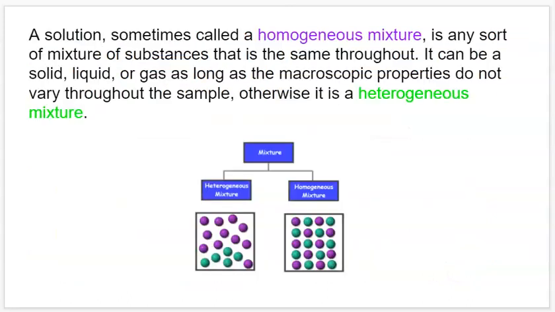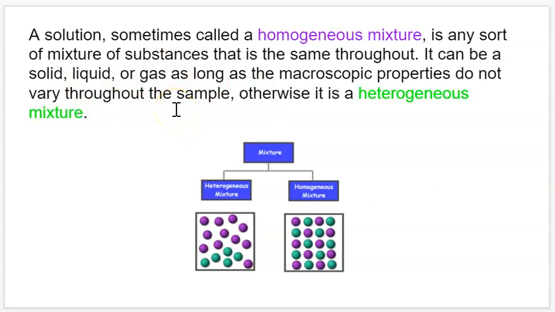So you probably know a bit about solutions and mixtures already, but a technical definition of a solution, otherwise known as a homogeneous mixture, is any sort of mixture of substances that is the same throughout. So it can be a solid, liquid, or gas, but the macroscopic properties cannot vary throughout the sample.